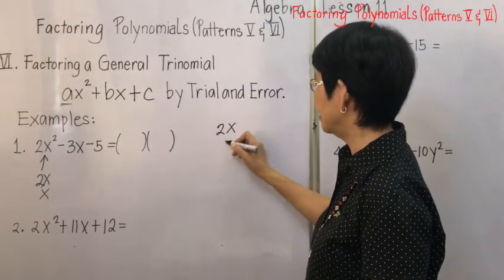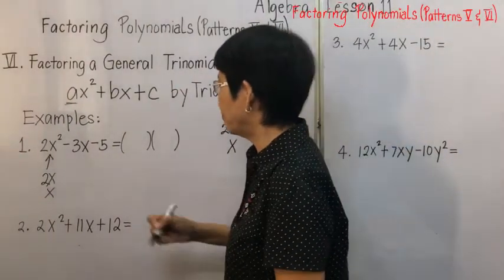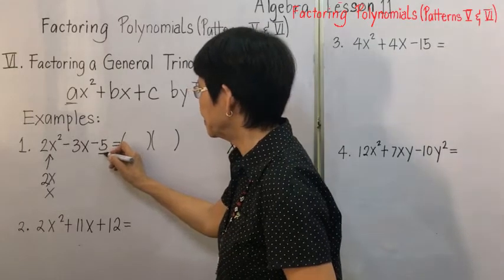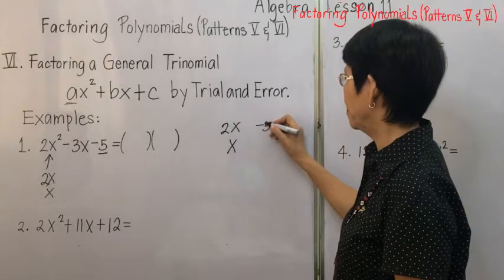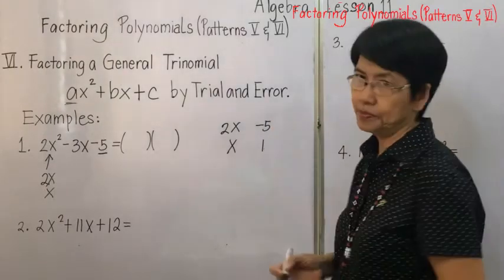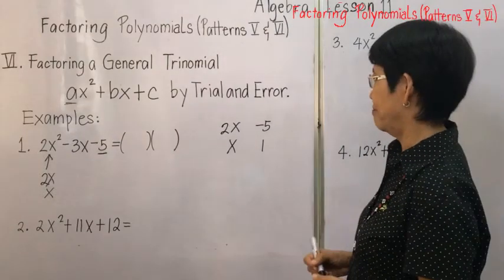2x and x. And the last term will be factored as negative 5 and 1. Or you can interchange those factors, 1 and negative 5.